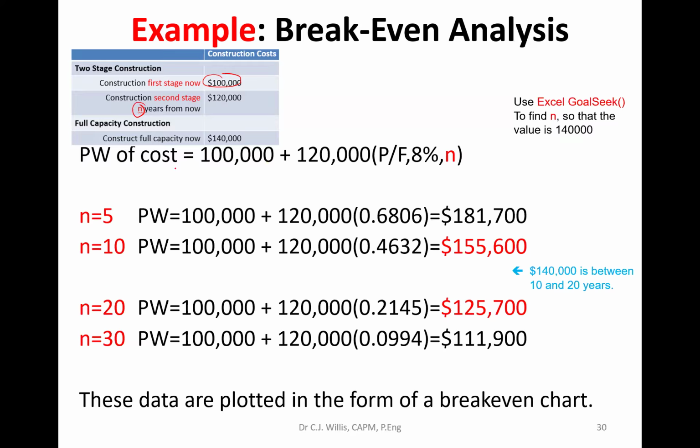The present worth of both: today 100,000 is today 100,000, it doesn't really change. The future 120,000 future value, I want to convert to present value. N I don't know. I can put N equal to 5, 10, 20 and 30 and try different values and see where it crosses 140,000, between which numbers. You understand me?